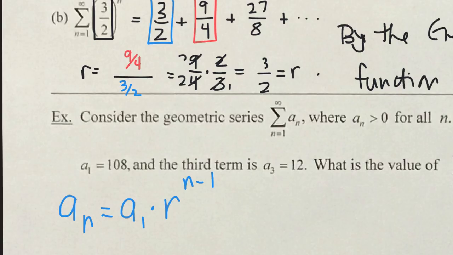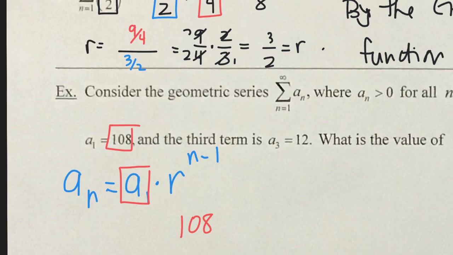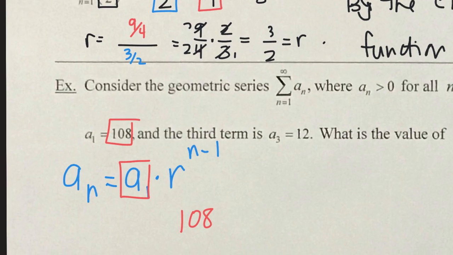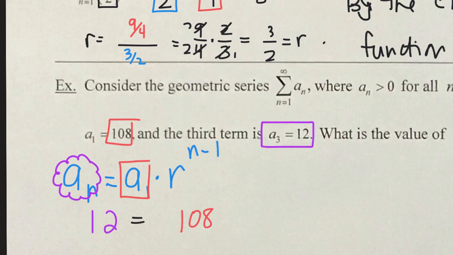Okay, so what do we know? We know the first term is 108. What else do we know? We know the third term is 12. So that means we're going to put 12 here. This is our a sub n term, 12. We don't know the ratio.